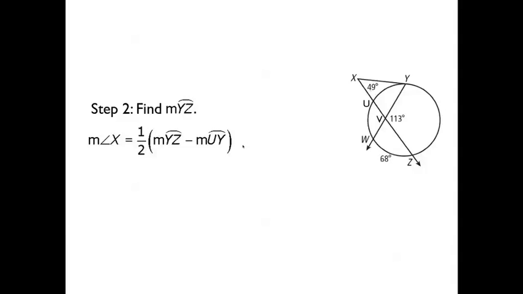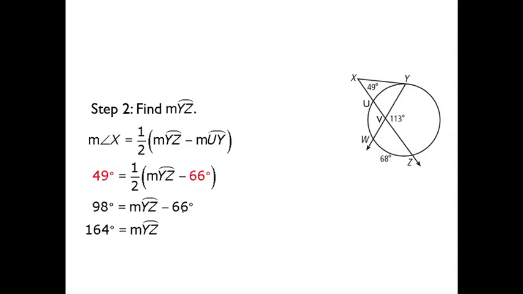So the measure of arc YZ minus the measure of arc UY. Remember, we found UY to be 66 degrees, and we already know that the measure of angle X is 49 degrees, so we're just plugging those values in. I'm going to get rid of that 1/2 again by multiplying both sides by 2. So I'm going to have 98 equals the measure of arc YZ minus 66. Add 66, and the measure of arc YZ is 164 degrees.